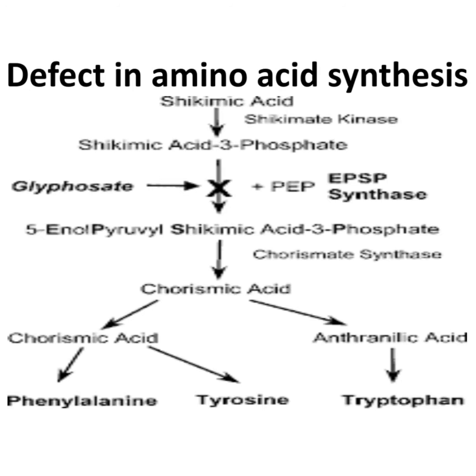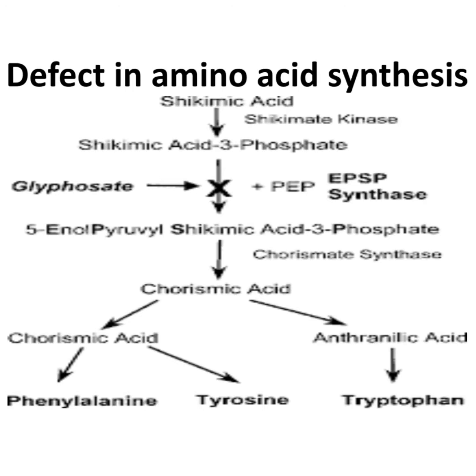Shikimic acid in the presence of shikimate kinase forms shikimic acid 3-phosphate. Shikimic acid 3-phosphate in the presence of EPSP synthase forms 5-enolpyruvyl shikimic acid 3-phosphate, which in the presence of chorismate synthase forms chorismic acid. Chorismic acid results in the synthesis of phenylalanine and tyrosine, or it helps in the formation of anthranilic acid, which results in the formation of tryptophan.